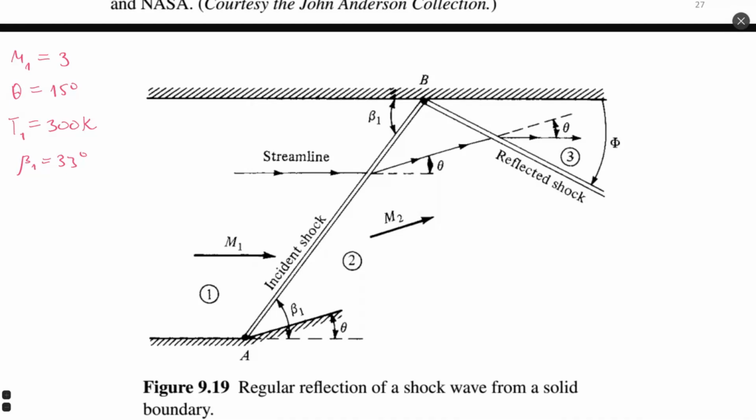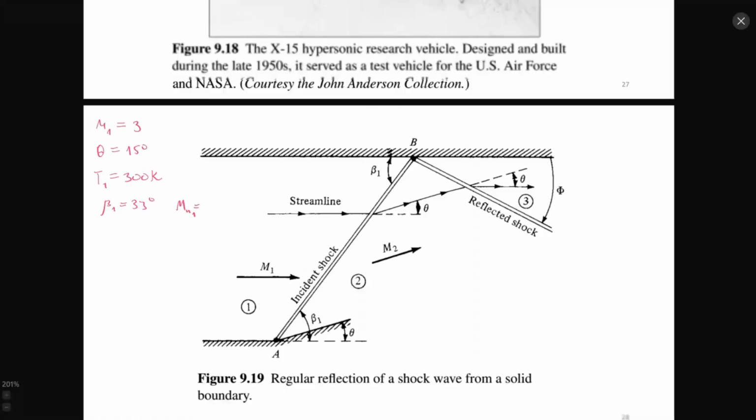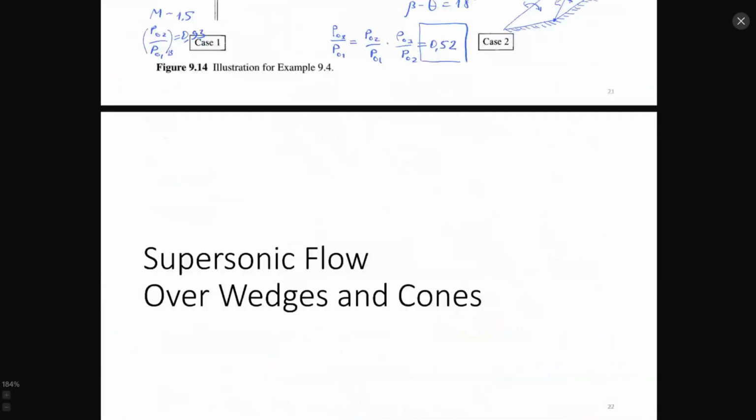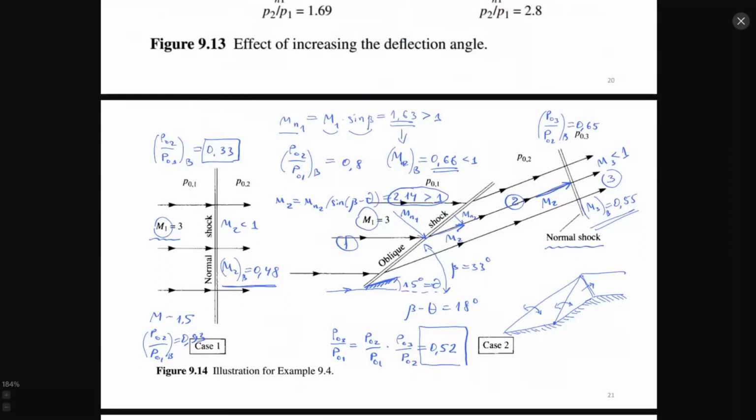Okay, now I calculate Mn1. It's a product of M1 and sine of beta 1. I think we can use it from the previous calculation. Let me see. Did we have? Yes, it's here, 1.63.